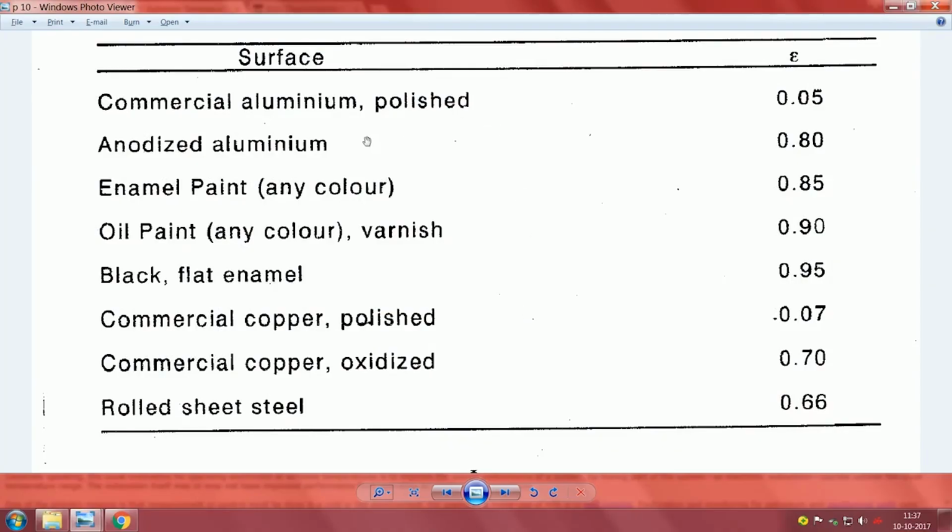Now, looking back at this here, anodized aluminum emissivity is shown as 0.8, and next comes the interesting thing here. Can you see this? Any color seems to be the operating definition.